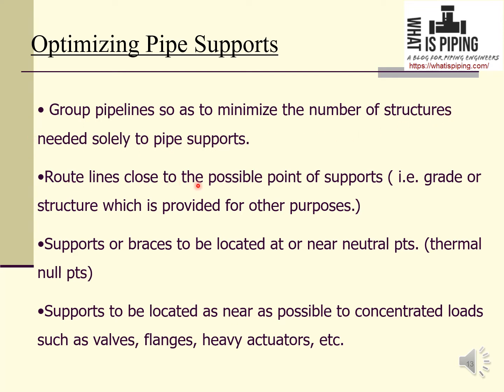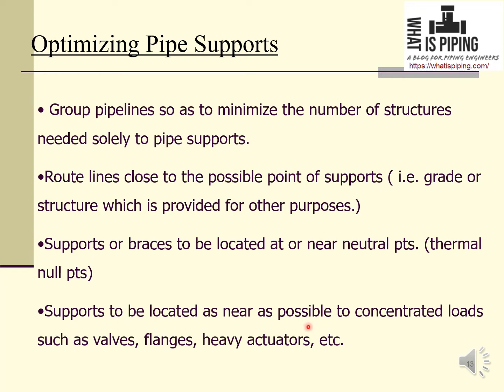Then route lines close to the possible point of supports, that is grade or structure which is provided for other purposes. Next, supports or braces to be located at or near neutral point. So what this will help, by providing supports at neutral point, the load that that support will be experiencing will be minimized.